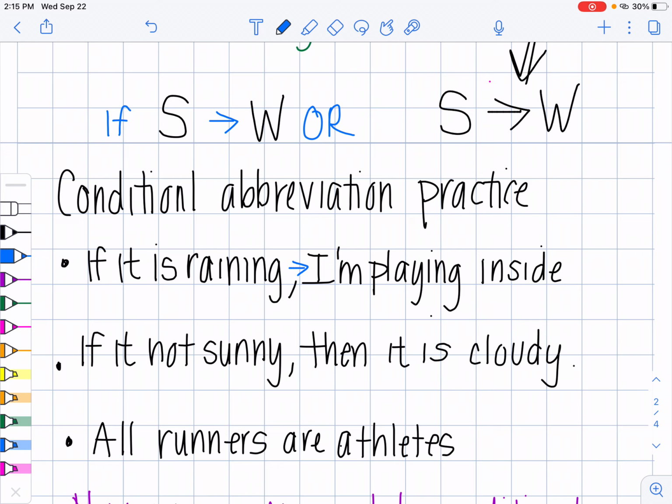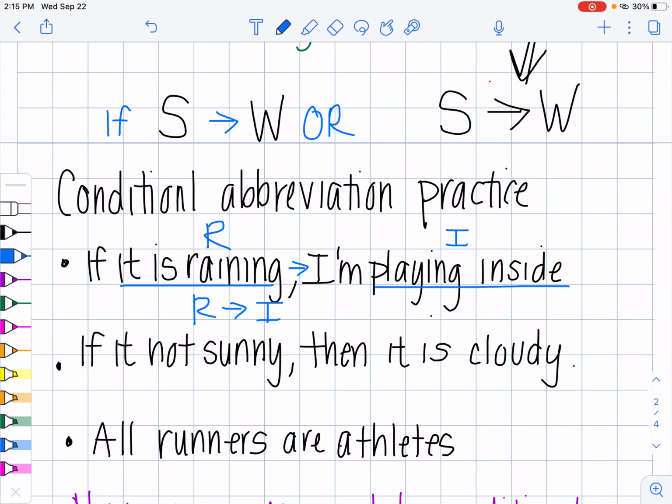So I'm going to look here, it is raining. I'm going to say, well, raining is my main word here, and for playing inside, I would probably choose I for inside. You could choose P for playing though if you wanted to. So I would write this R, then I.